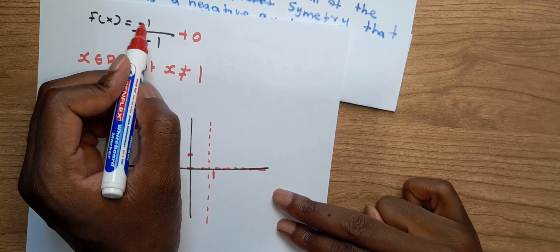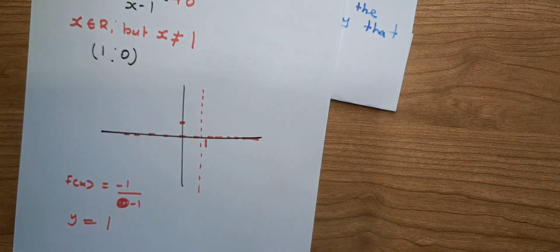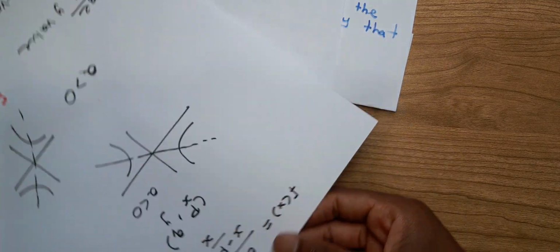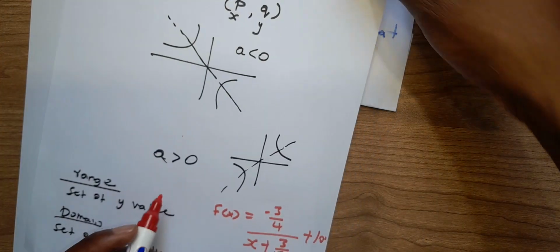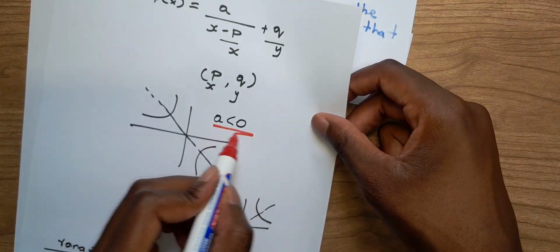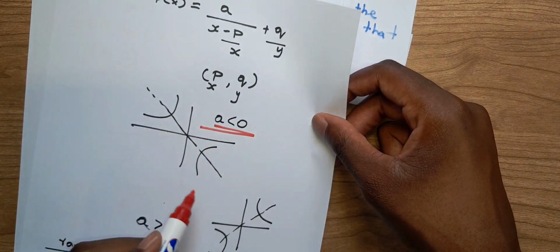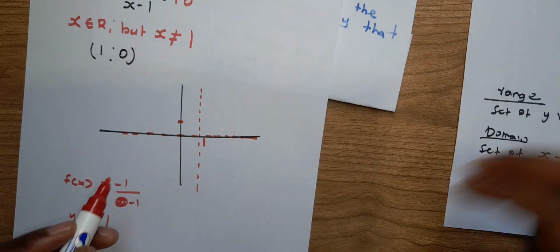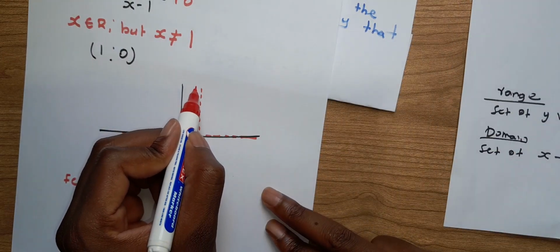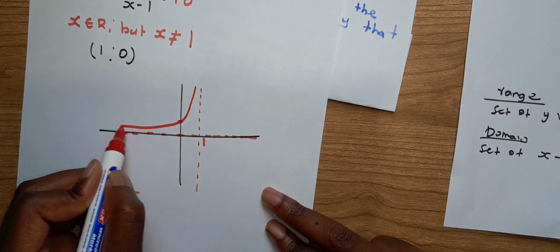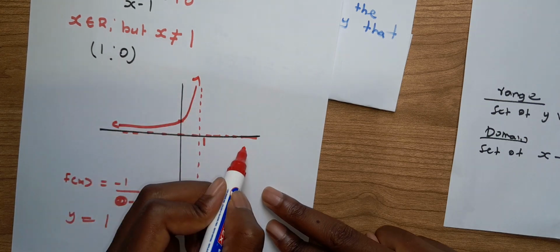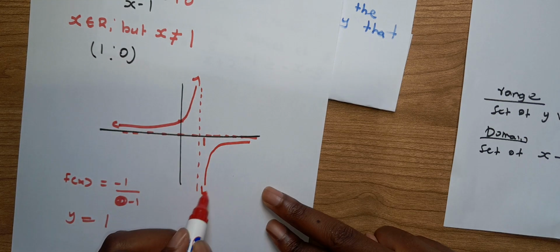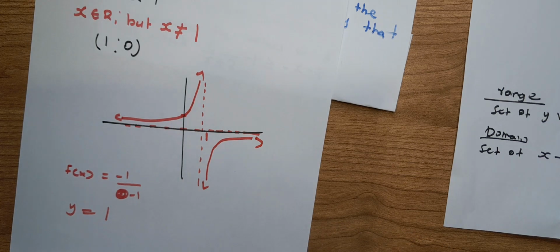You see, this is a -a. What did we talk about? We know that when it is having a -a, this is the shape of our graph, isn't it? So we have to draw something like that, but it will pass at x equals to 1, and then it goes like that, and then it's going to be something like that. So that's how you actually draw it.